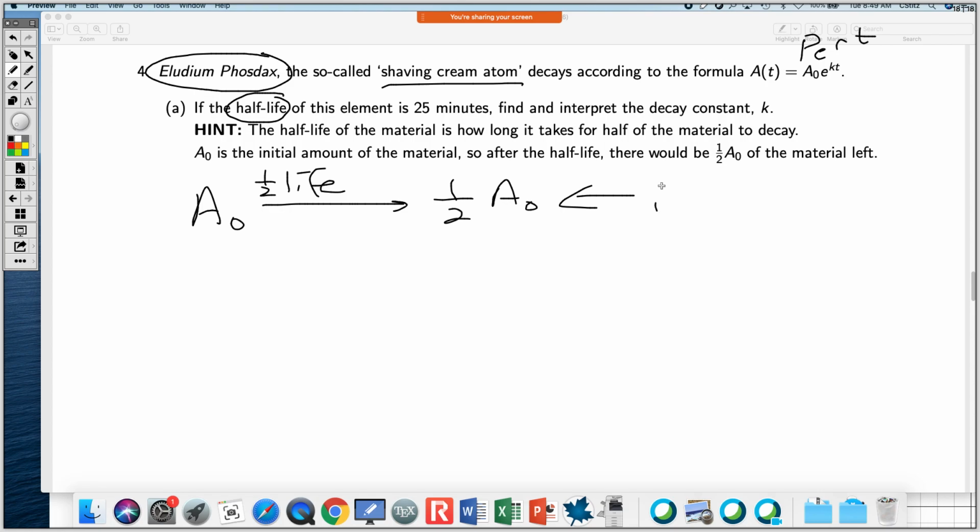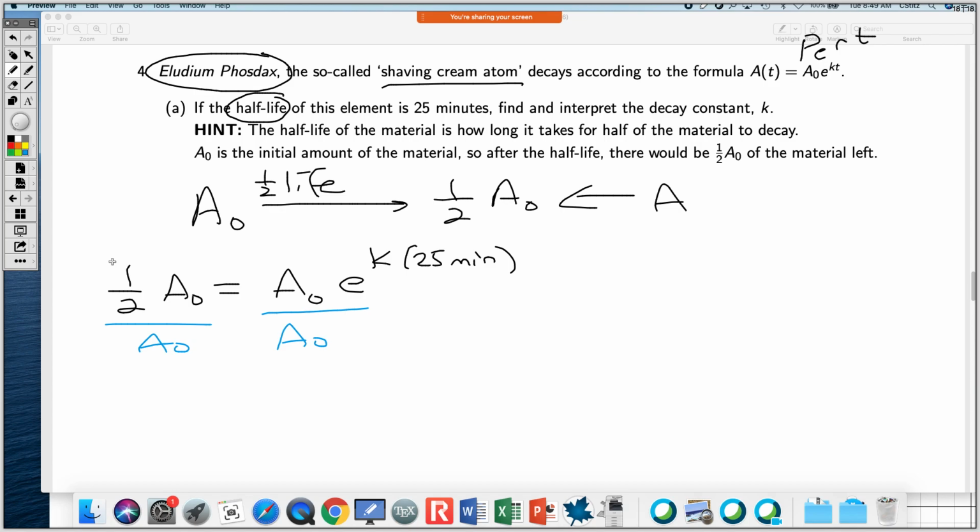And so this would be my A. So 1/2 A naught would be A naught e to the k times t, which they're giving us here as 25 minutes. And so just like before with doubling time, it doesn't matter what the A naught is because it's going to get divided out.